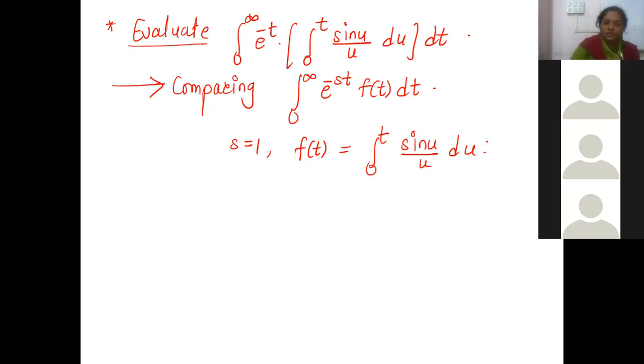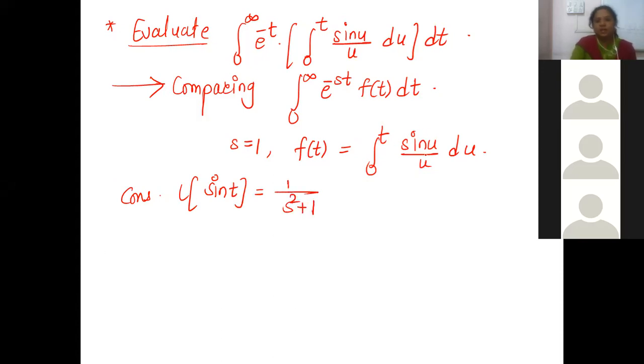Then you have to find Laplace of this, and on that you will put s is 1 and you will get the required answer. So to solve this Laplace, you will first consider what? Laplace of sine t, that is 1 upon s square plus 1.